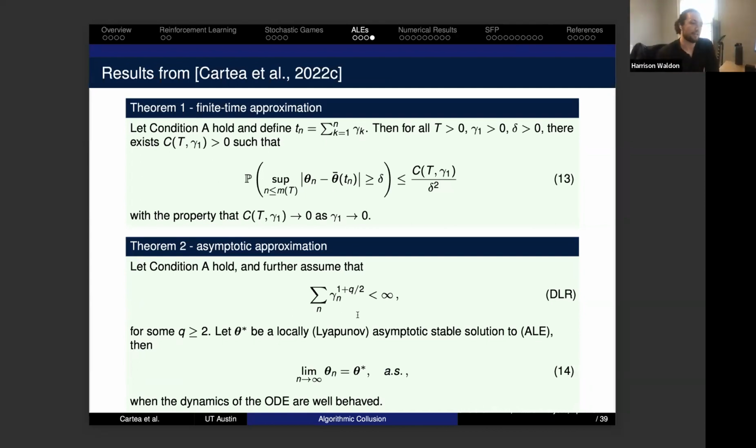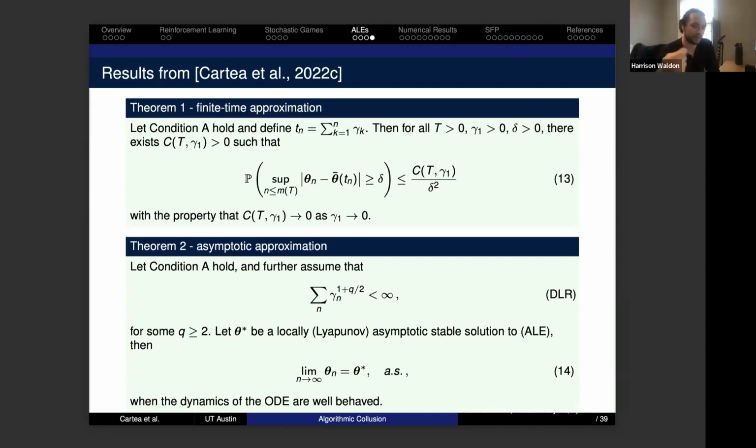So next, if the learning rate decays fast enough, but not too fast, so we still have that the first moment of the learning rates is infinite, but the 1 plus epsilon moment of the learning rates is finite, then the ODE actually approximates the asymptotic behavior of the algorithm as well, in that the algorithm will converge to locally asymptotically stable solutions almost surely under some restrictions.